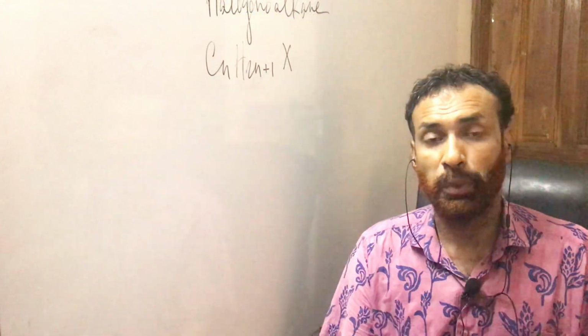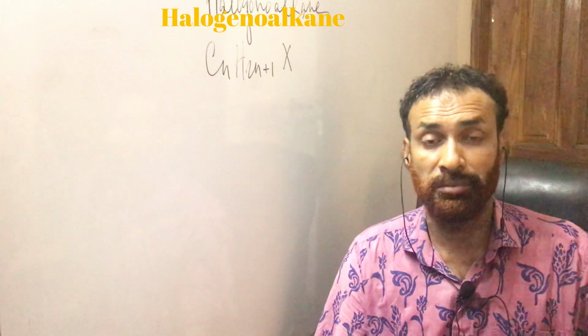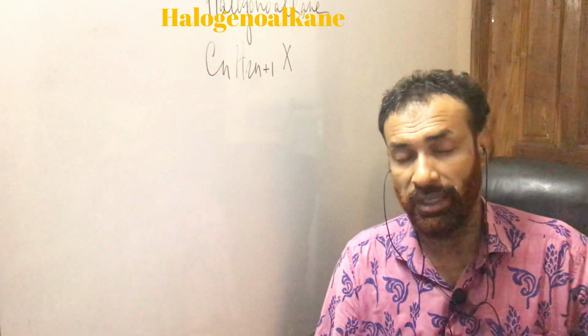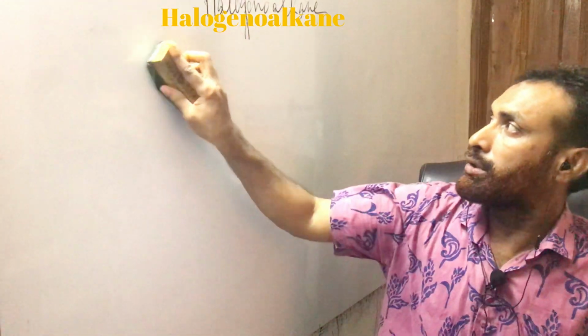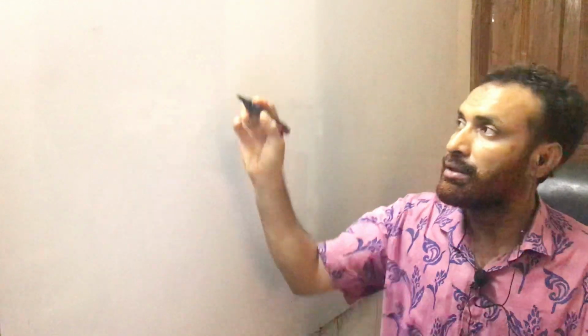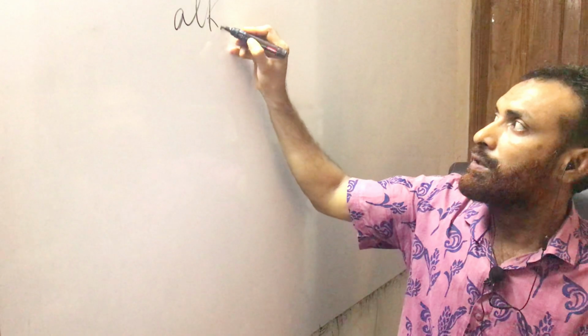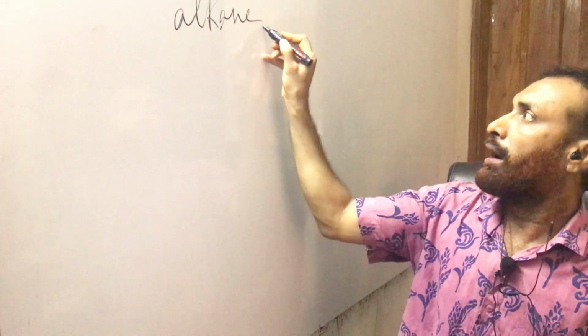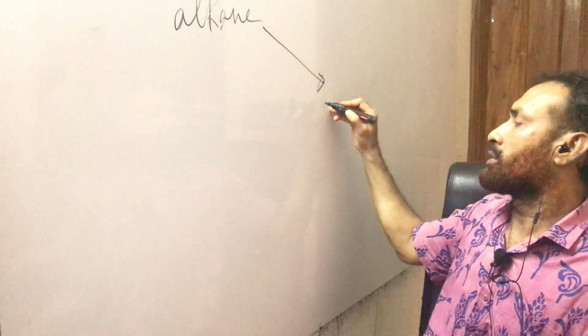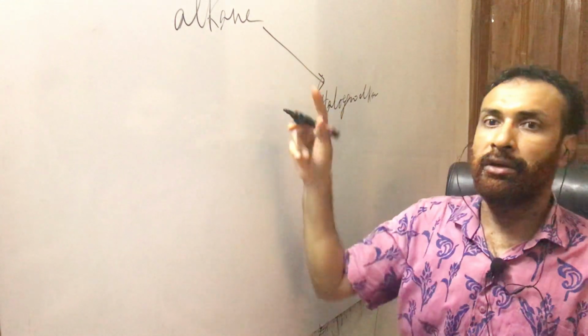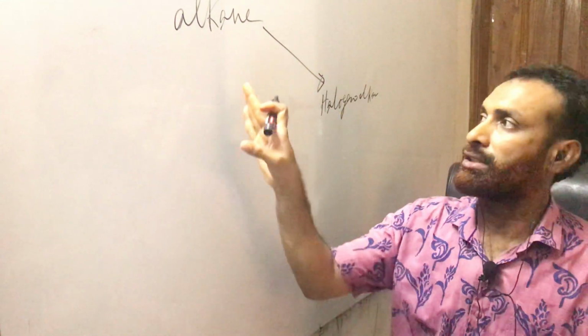And we can make halogenoalkenes in different ways. I can show you how. One could be from alkane. I write here alkane, and from alkane you can make halogenoalkene. You're supposed to know the reagents required.